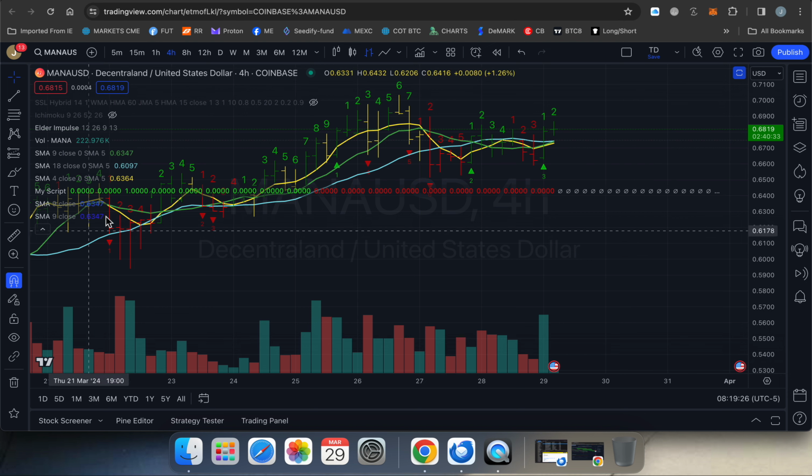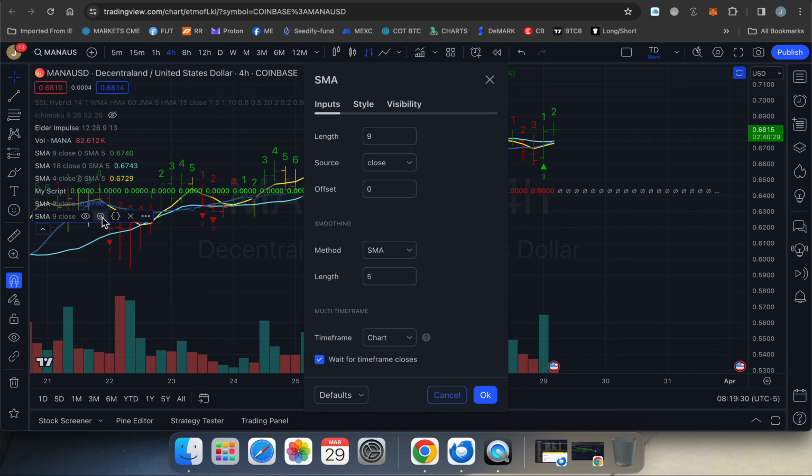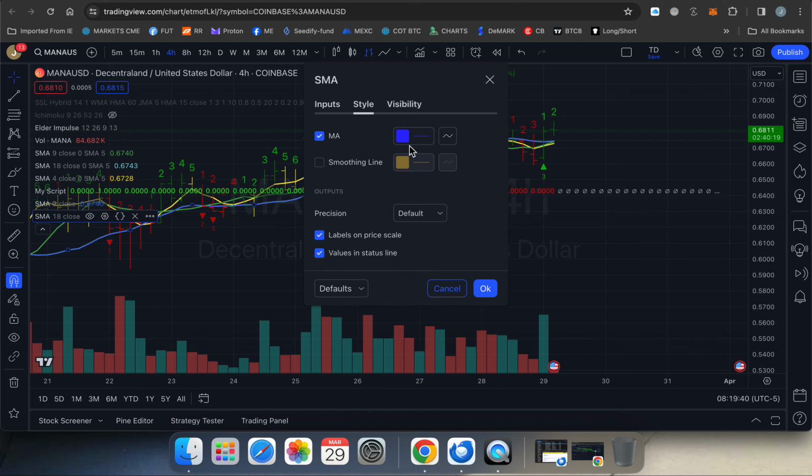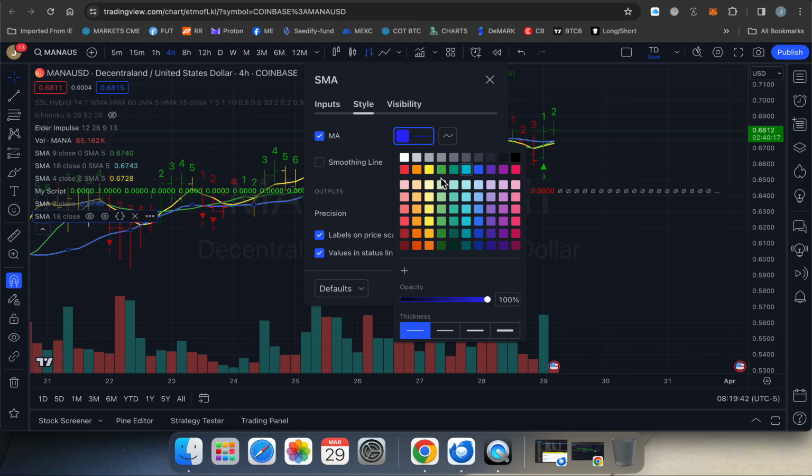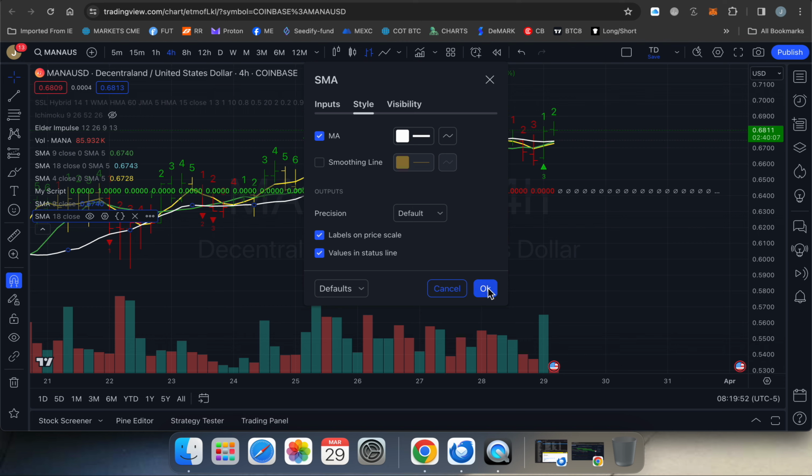You can do 3 indicators for free, and then you click on your little settings wheel, and you'd want to change your length to an 18, ideally, or you can do a 20, just to verify. And you can make it whatever color you want right here. Let's use a white one. It'll stand out better. I usually change the thickness of it a little bit to make it stand out. You can see it better.